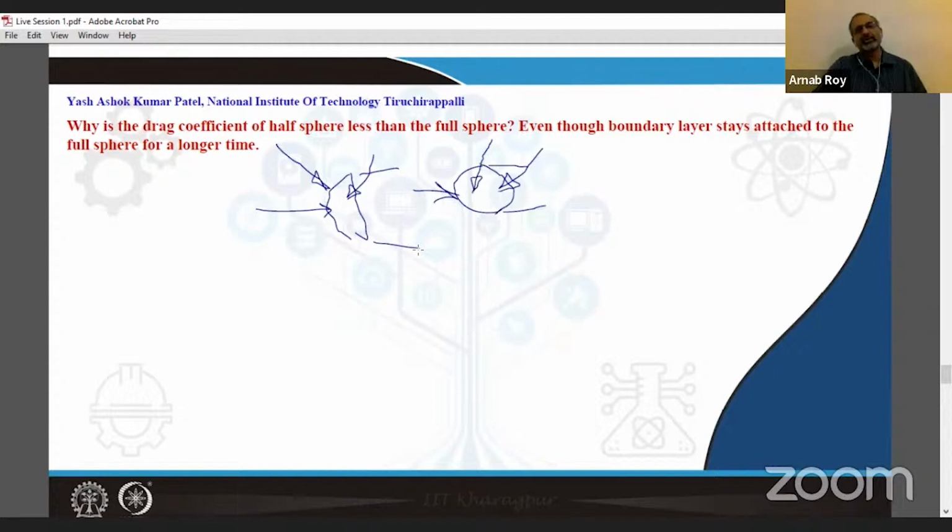It's a very thought-provoking question, but another thing that you need to look at when you answer this question is the 3D relieving effect. If you are comparing, say, a circular cylinder section and a sphere, you will find the drag coefficient of a sphere turns out to be smaller than the drag coefficient of a cylinder of the same radius.